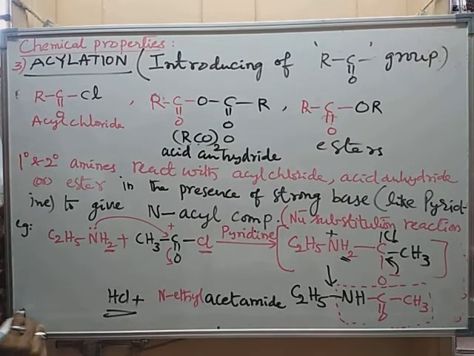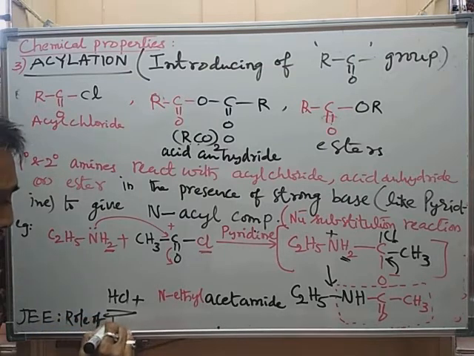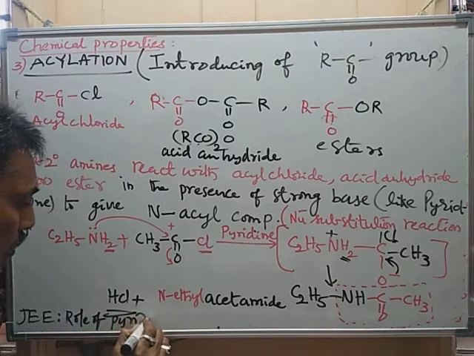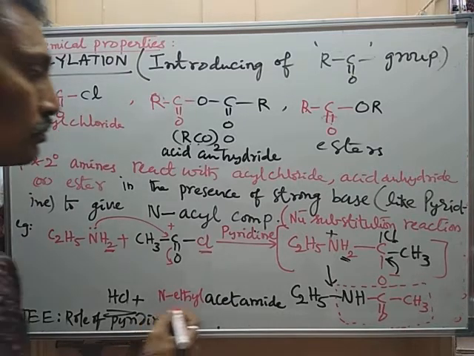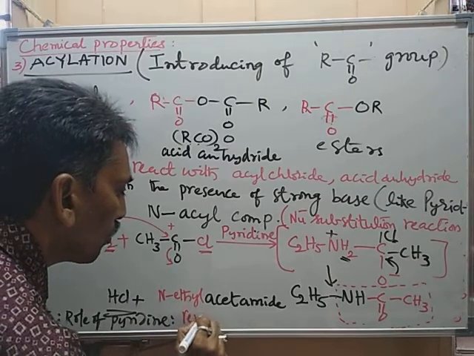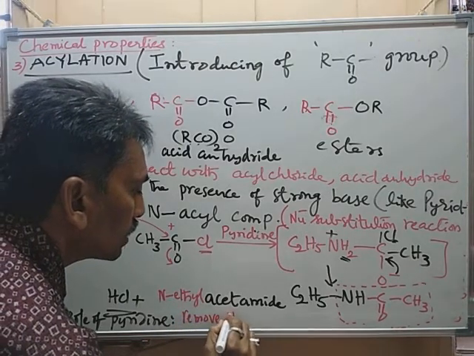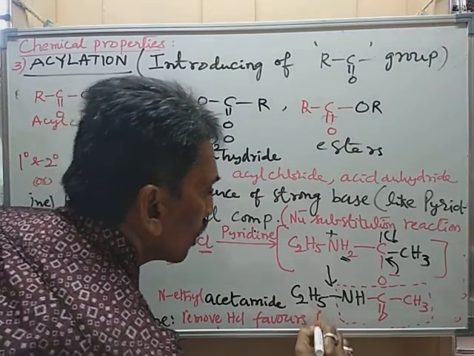As for the exam orientation, what do we have to write? What is the role of pyridine? The role of pyridine as a base: the answer is that it removes HCl and favors the forward reaction.